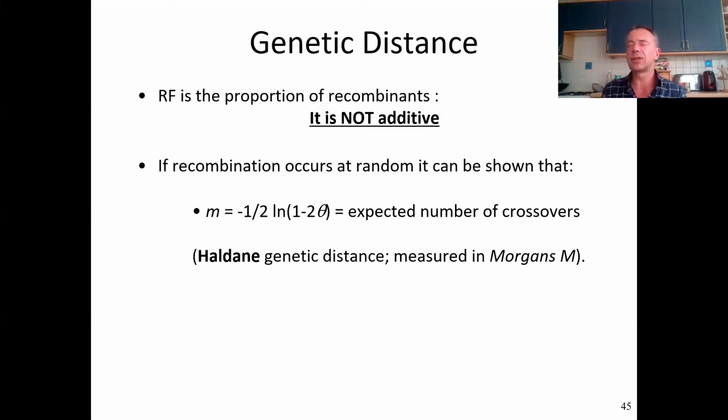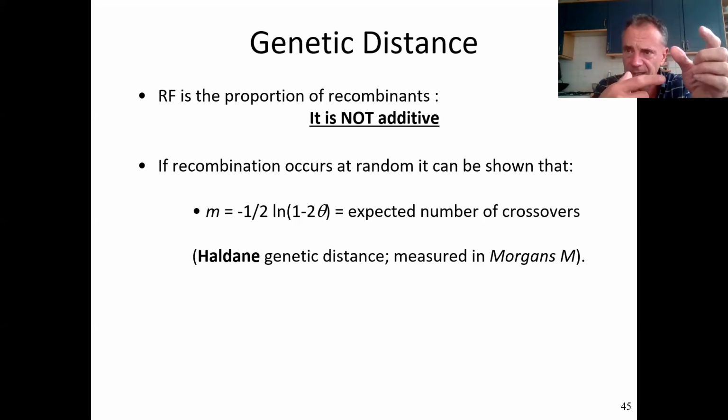Something to say about genetic distance is that you can't just add recombination fractions together. If there are two markers with a recombination fraction of 0.2 between them, and then a third which also has a recombination fraction of 0.2 with one of them, it doesn't mean that the recombination fraction between the first and the third is 0.4.